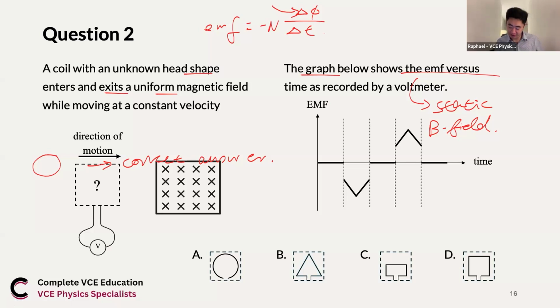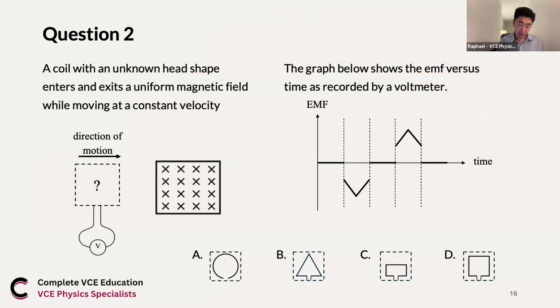Okay, cool. Let's move on. So question 2, let's take a read. You've got a coil now, with an unknown shape. You can see a coil on the left-hand side, and the shape of the coil is unknown.